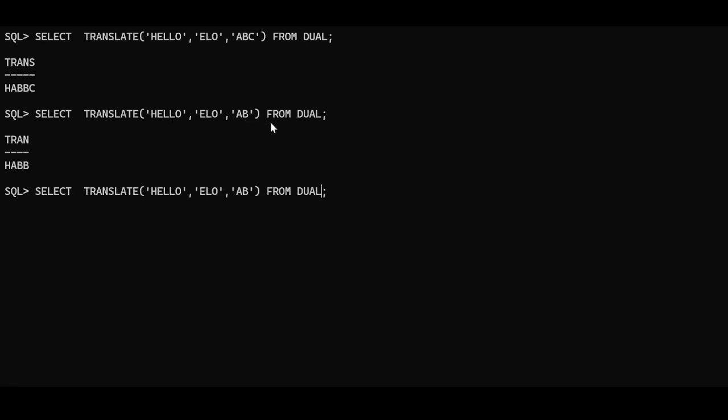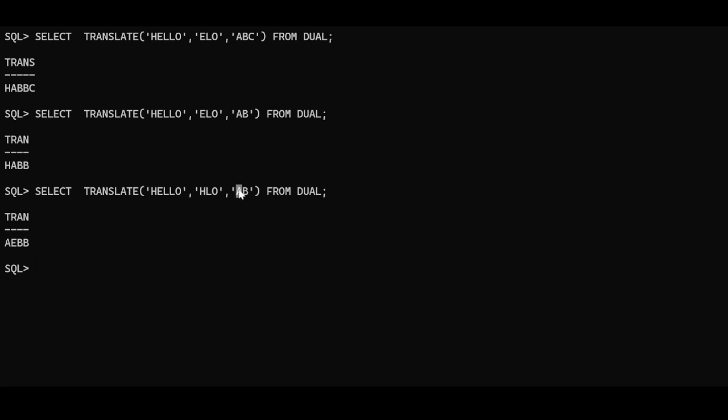Let us say something like this. Let me say HLO. Now if you observe the output, even though this is not in sequence, H is somewhere here, L is somewhere here, O is somewhere, the actual character mapping is happening.